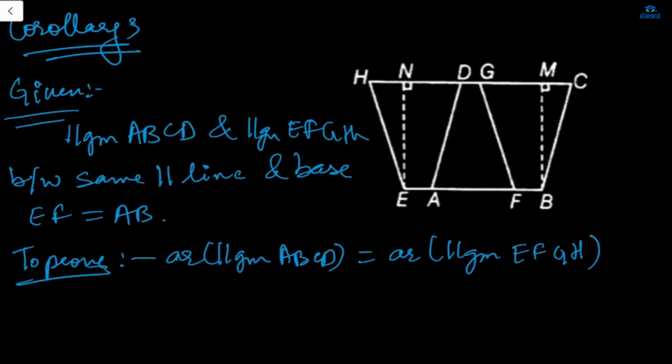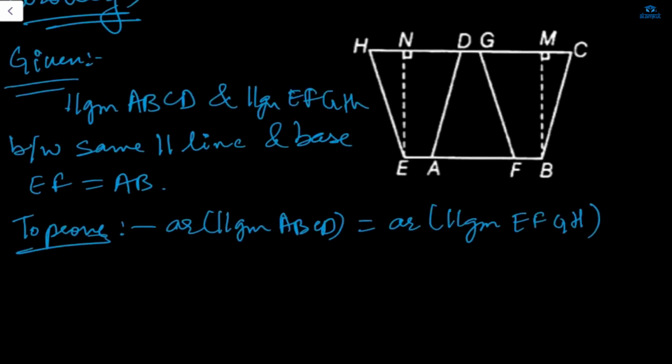Now how can we prove it? Before that we need to do some construction. You can see we have drawn a perpendicular line from E to GH, meeting GH at N, and we have drawn a perpendicular from B on DC, for knowing the height, because the area of a parallelogram is base into height.